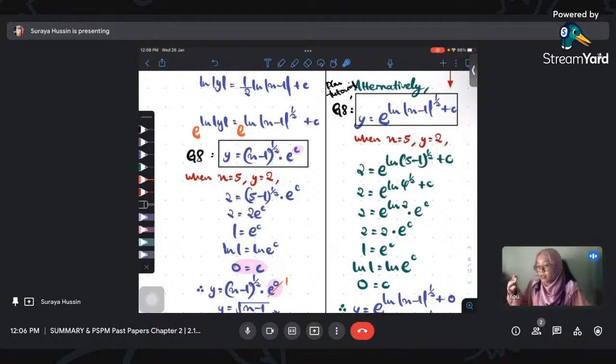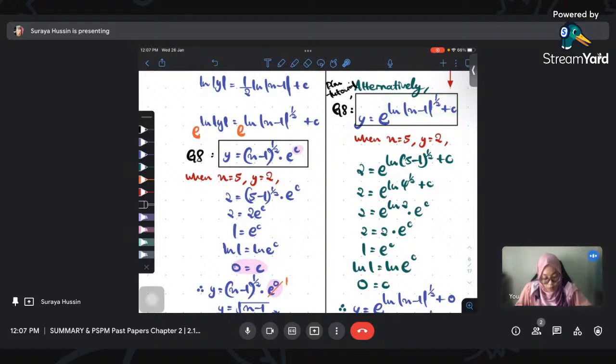So it's very difficult here. Semester 2 ni kita akan ada beberapa pilihan jawapan dalam maths. So both of these are accepted. Sama ada you nak tinggalkan exponent macam ni, and then you put plus C, you tinggalkan je, boleh, tak ada masalah.